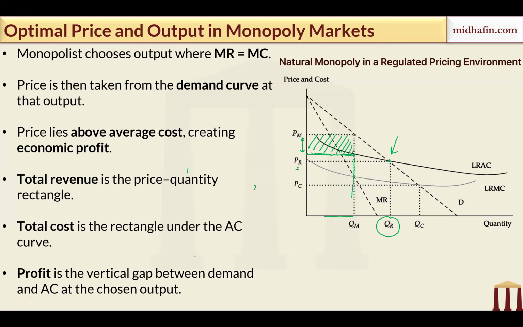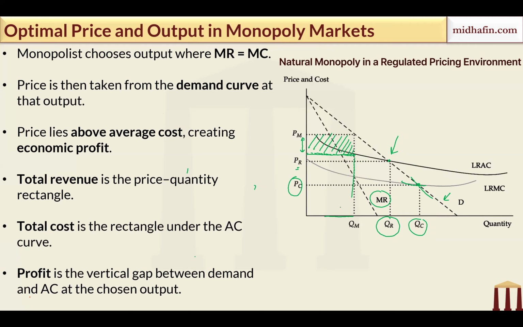This is possible. Had the market been perfectly competitive, the price would have been reduced to PC, because in perfectly competitive markets, the marginal cost cuts the marginal revenue, and marginal revenue for a perfectly competitive market is the same as the demand curve. But because it is a monopoly, the marginal revenue curve is different. Had it been perfect competition, the quantity and price would have been this much.